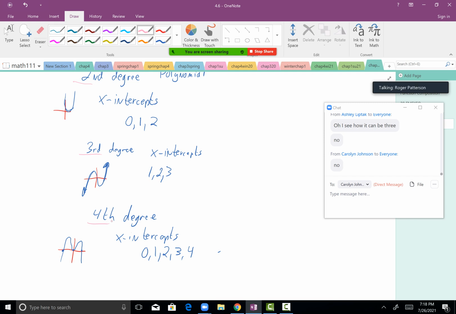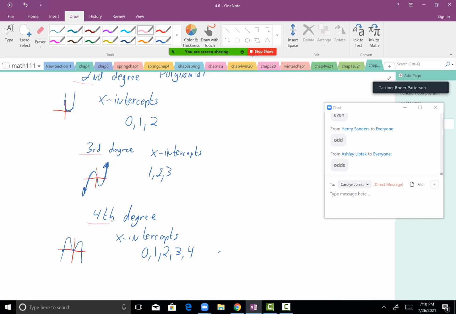When is there only going to be 0 x-intercepts? Which degrees are going to have 0 x-intercepts? That's right, evens. And which degrees are going to have odd x-intercepts, or 1 x-intercept, as the smallest, I should say? Odds.